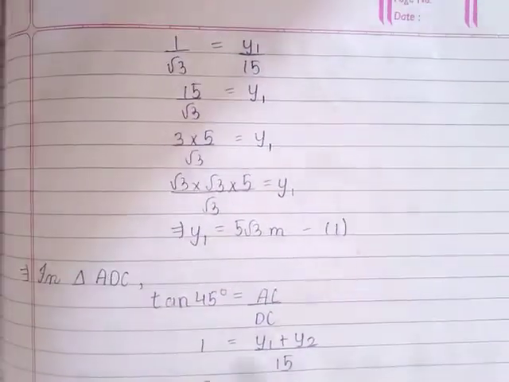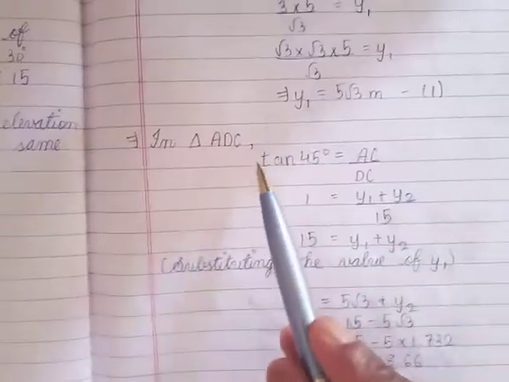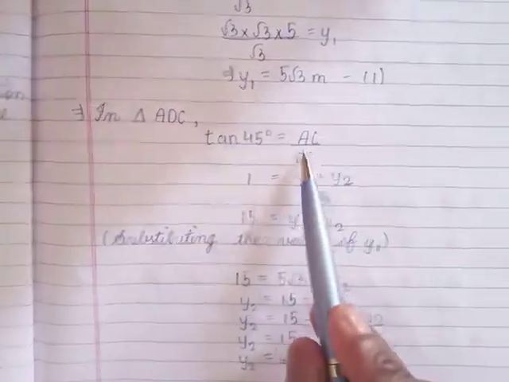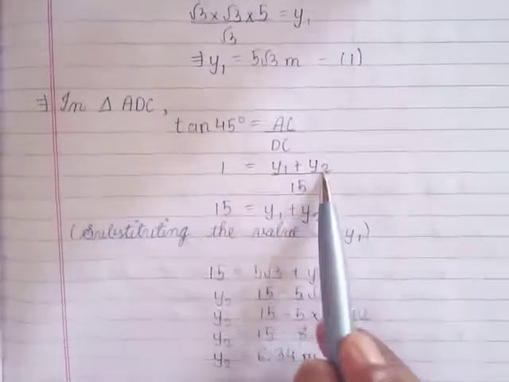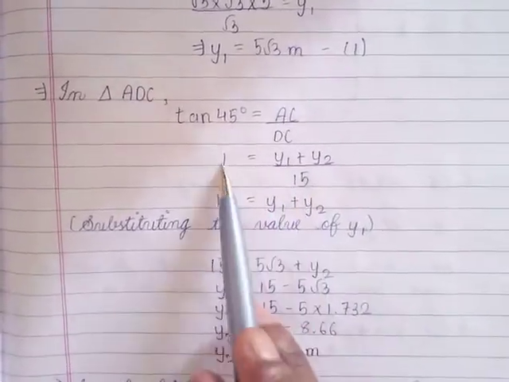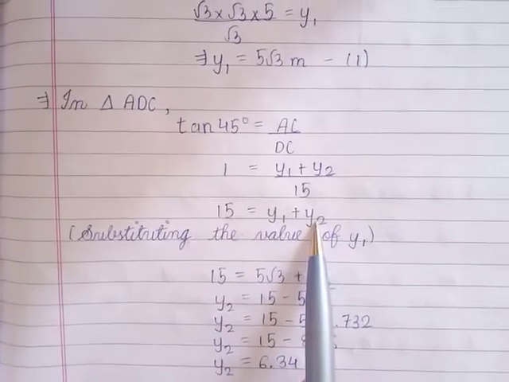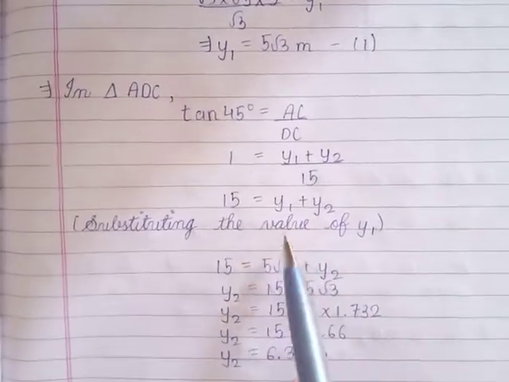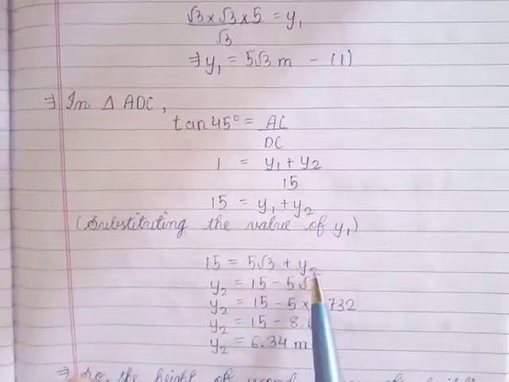This is first. Okay. In triangle ADC, tan 45 is equal to AC upon DC. Tan 45 is 1, is equal to y1 plus y2 upon 15. If you multiply here, you'll get 15 is equal to y1 plus y2. If we substitute, y1 was 5 root 3 and y2 we have to find.